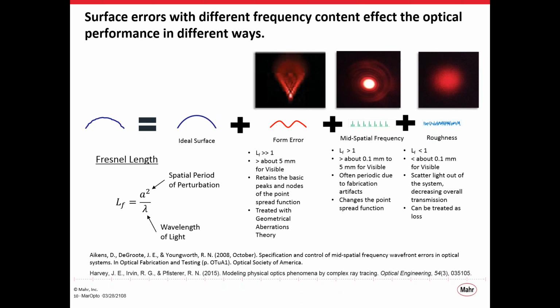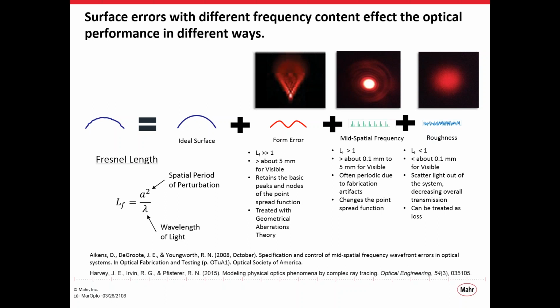In fact, for visible systems, you might think of them in terms of fractions of the aperture, so maybe 3 to 5 millimeters or so. These are related to the classical geometric aberrations, such as spherical aberration, astigmatism, coma, etc. And the effect of these form errors is a broadening of the point spread function.